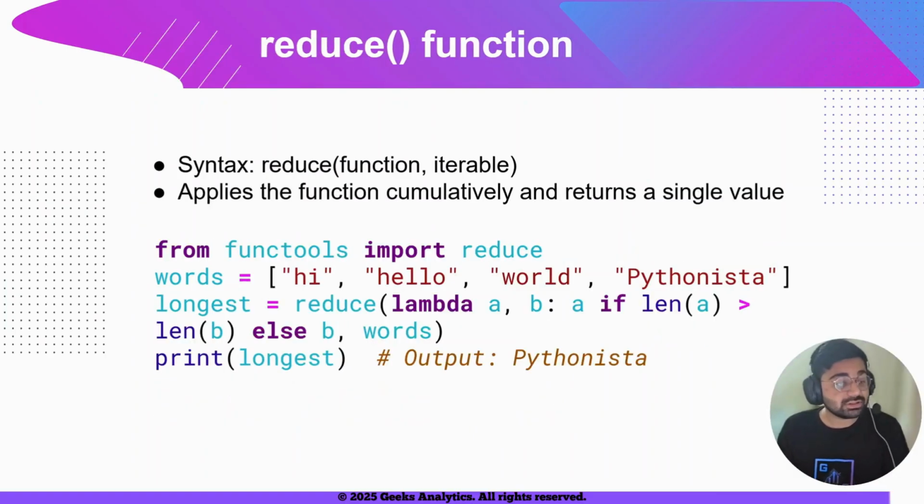Then the reduce function. What the reduce function does is it combines any number of items, applies the function cumulatively and converts them to a single value. You can think of it like this: when we have a lot of values and you want to reduce them to a single value, combining the result into one value, the reduce function is used.